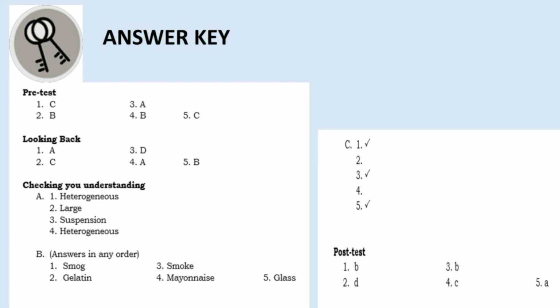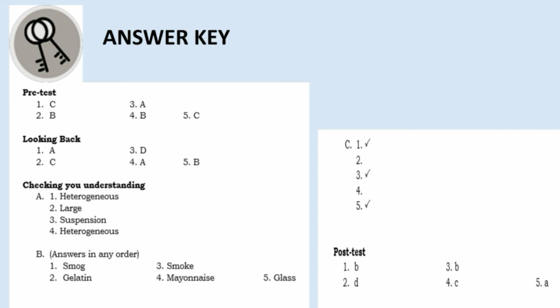For the pretest, 1. C, 2. B, 3. A, 4. B, and 5. C. And for the looking back part, 1A, 2C, 3D, 4A, and 5B.